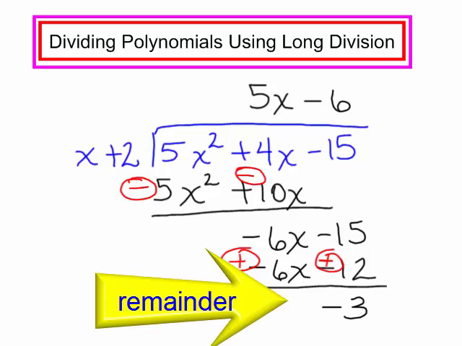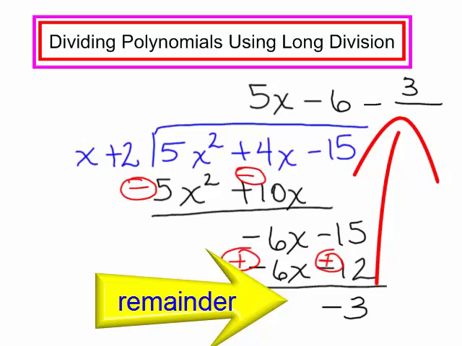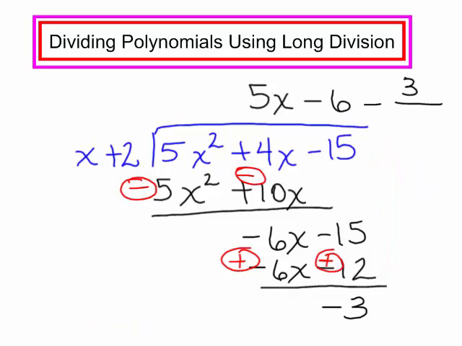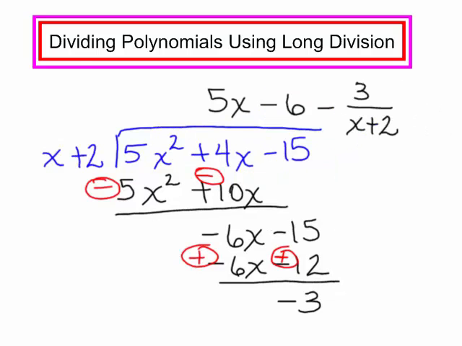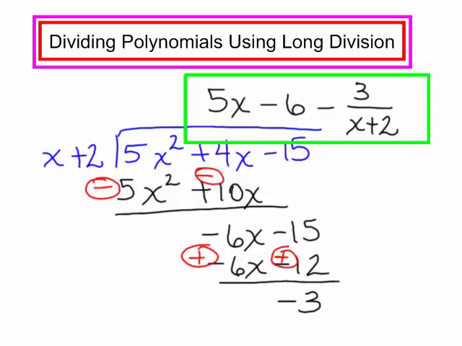I will write my remainder up here with my quotient, so that would be minus 3 over, remember this is the remainder, so I will have to write it over my divisor, which is x plus 2. So my answer is 5x minus 6 minus 3 over x plus 2.